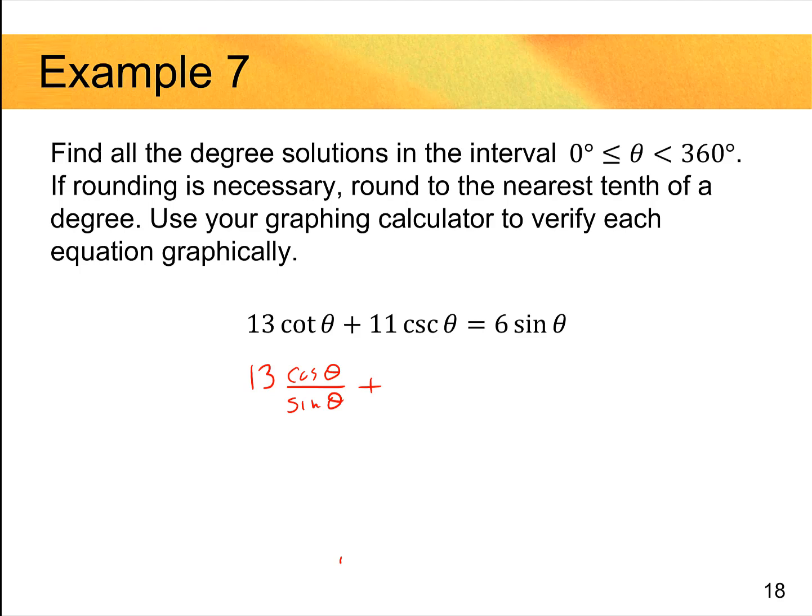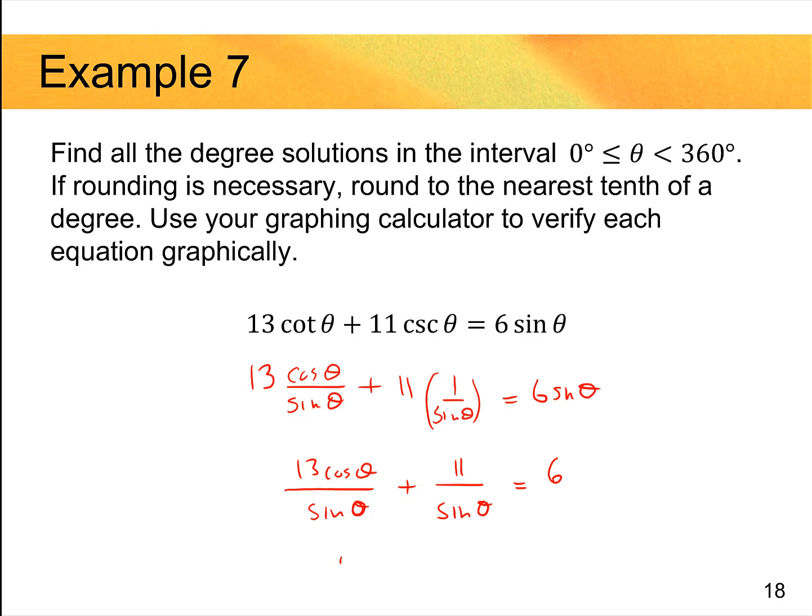This guy's going to change into 1 over sine theta. And then I also have a 6 sine theta here. Just setting it up a little nicer so it looks a little better.